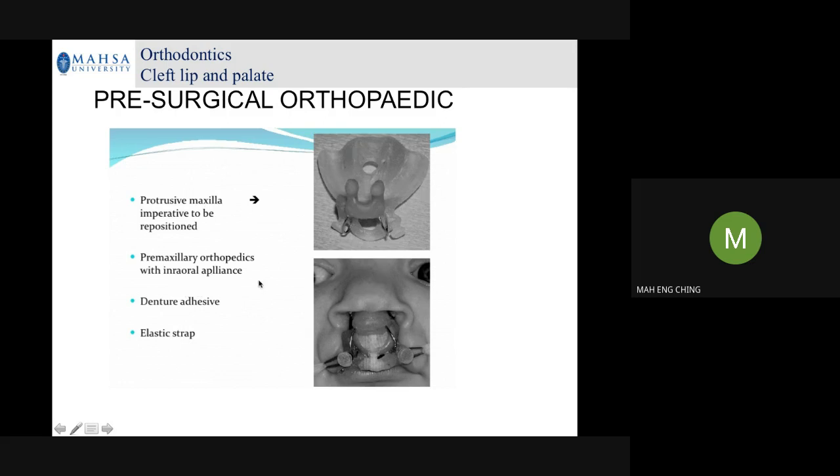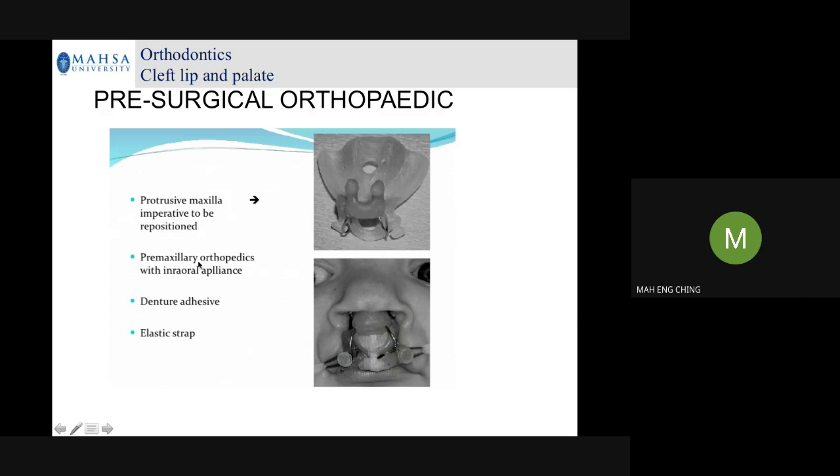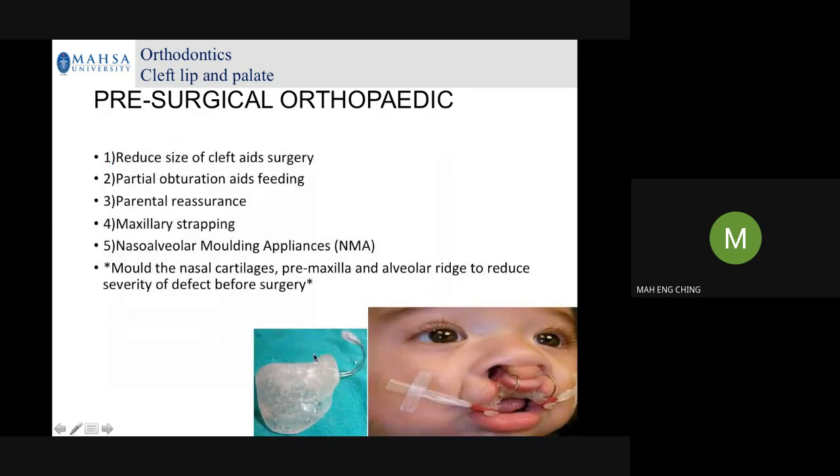Sometimes because the patient doesn't have any teeth, you cannot have a proper palatal seal, so sometimes you have to put some denture adhesive just to create a better seal. Then we have this elastic strap. Beside this palatal cover, we also have two components that stick out a little bit. You can attach plaster or an elastic band so you can push the premaxilla back.